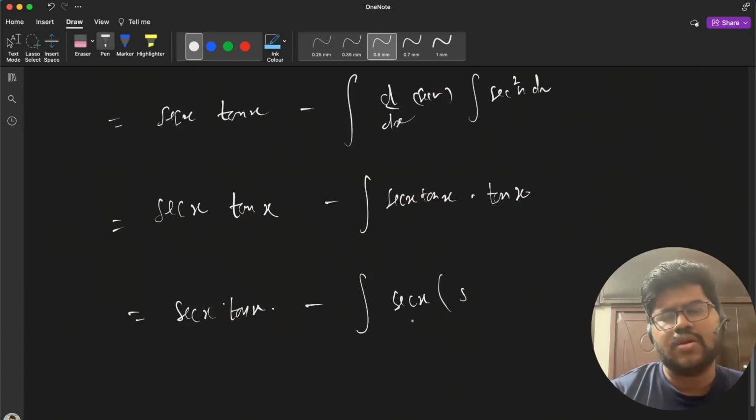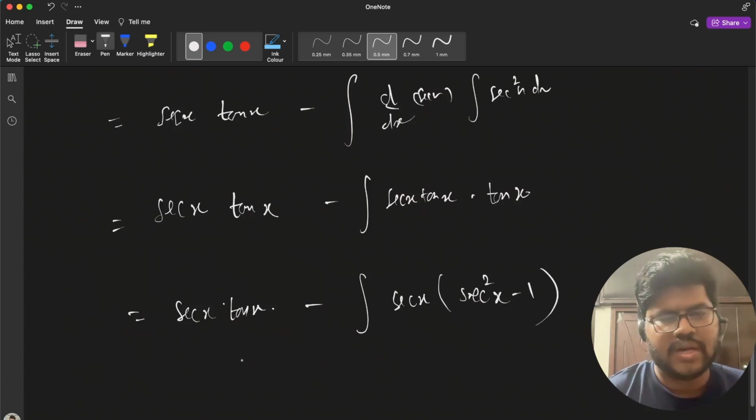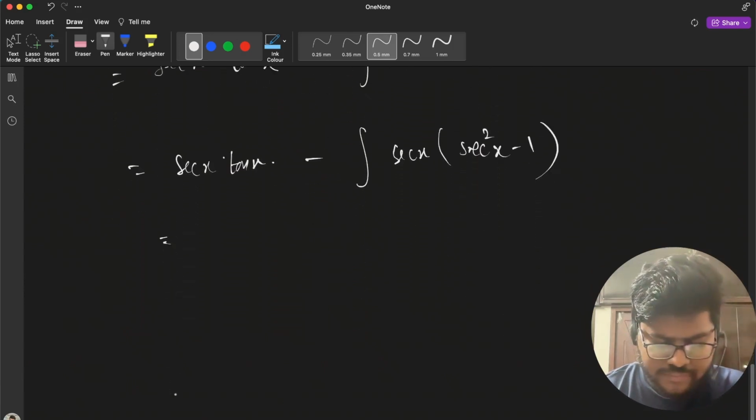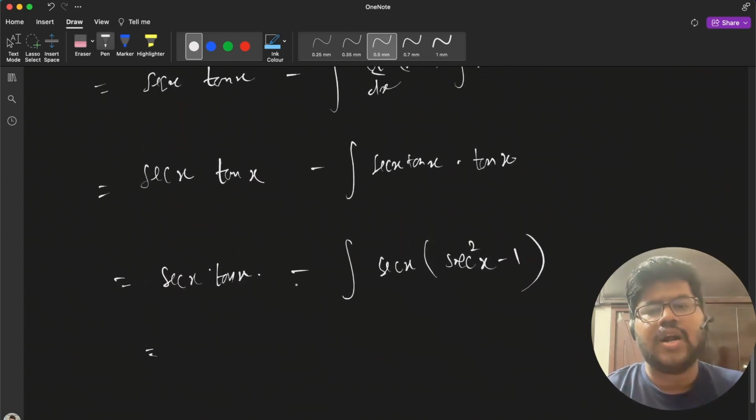So sec x remains, and tan x into tan x would be written as tan square x.